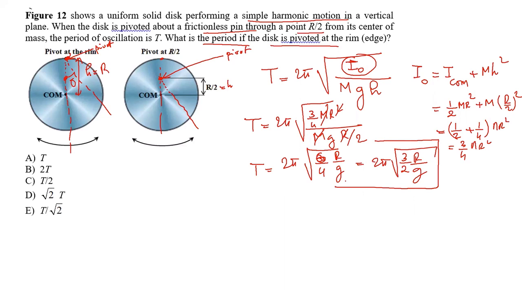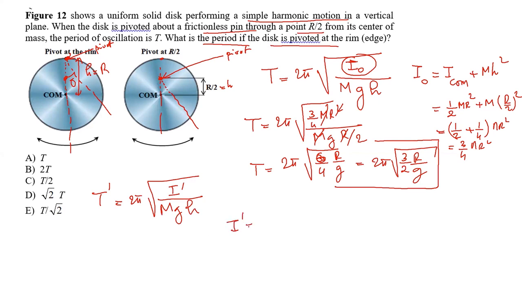Okay. Now what happens if I shift this axis of rotation from here to the rim, or to the edge? The new period, I will call it T prime, will be 2 pi square root of I around the rim, let me call it I prime, divided by m g h.